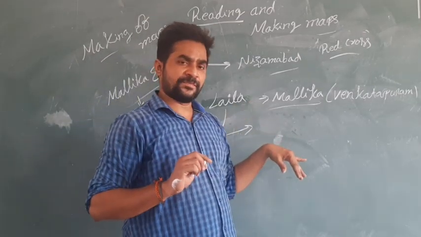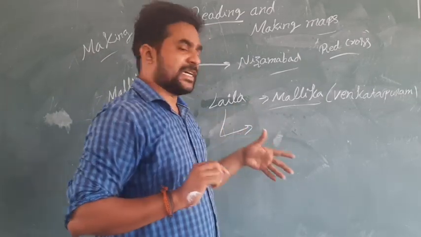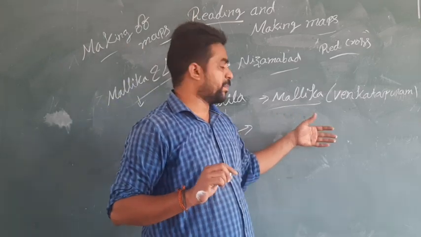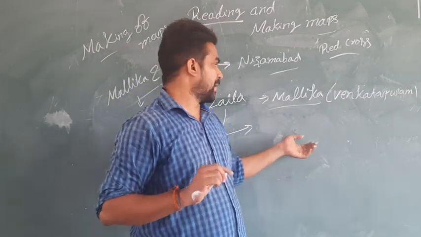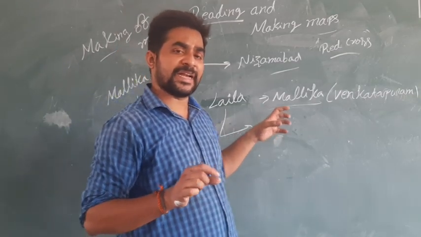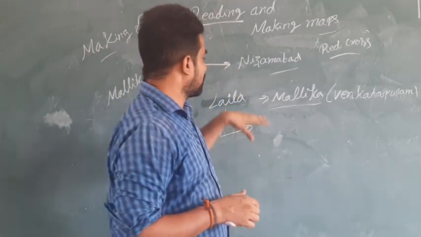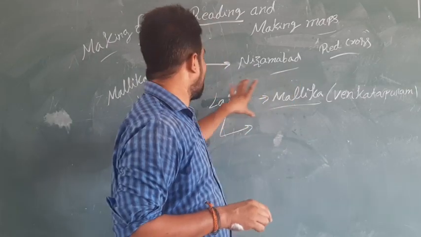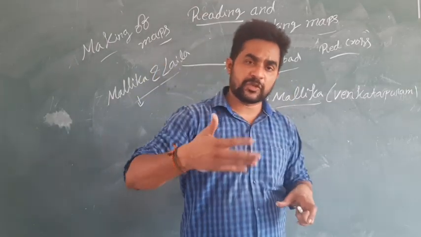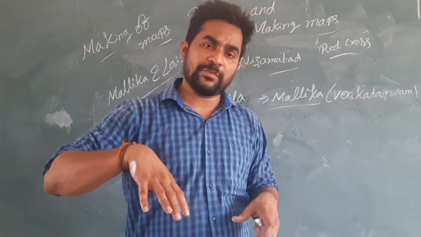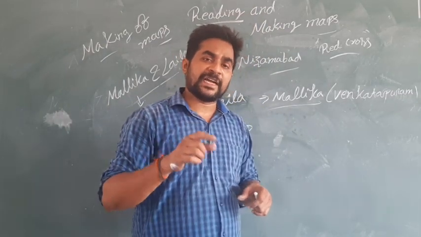But at that time, Laila tried a lot to find Mallika's home because Mallika had not mentioned the address properly, how to travel. So later Mallika explained to Laila, in the future if you want to come to my home, you can take an auto.